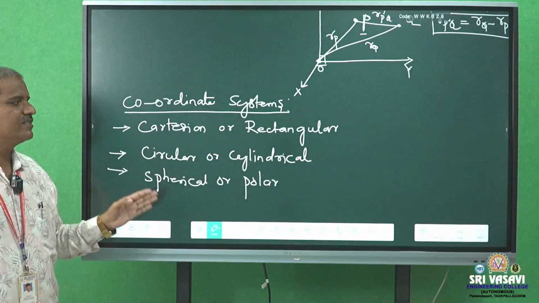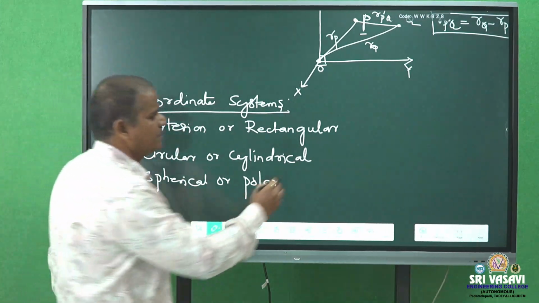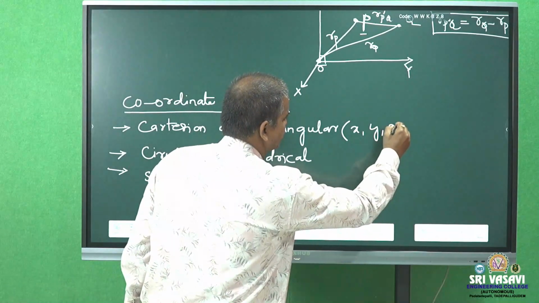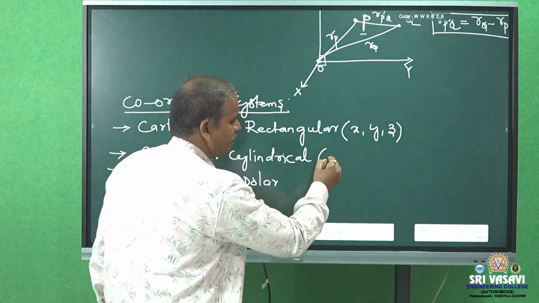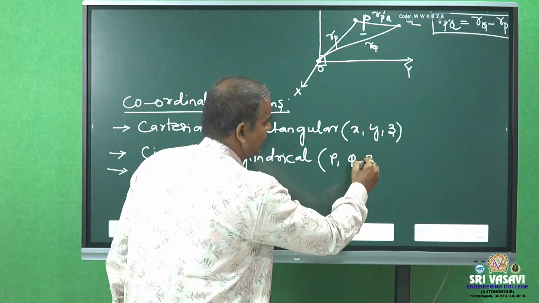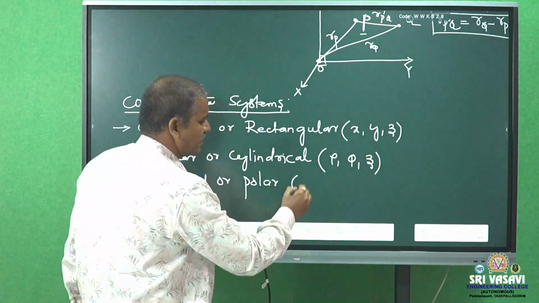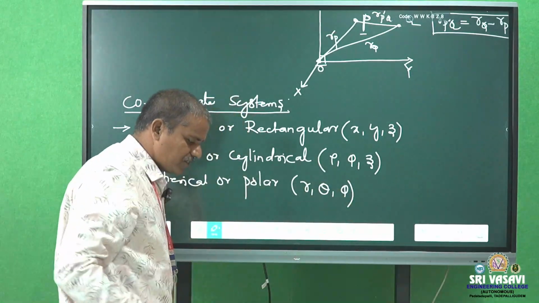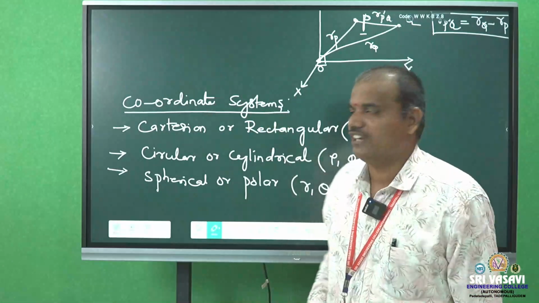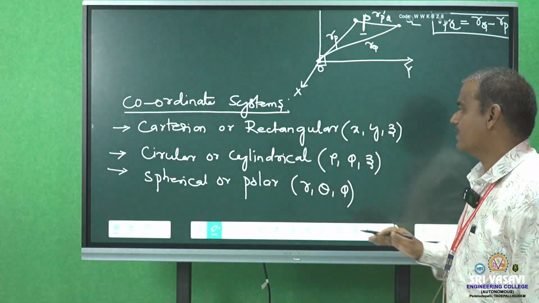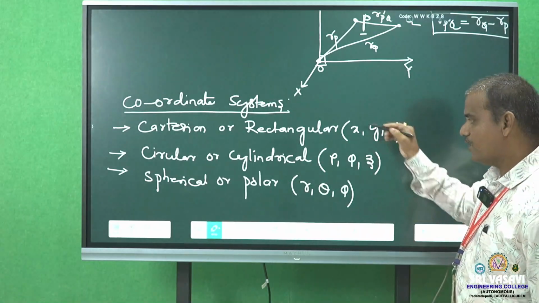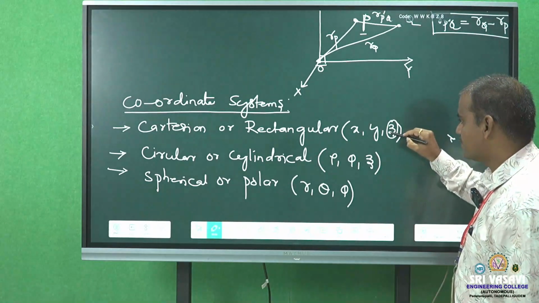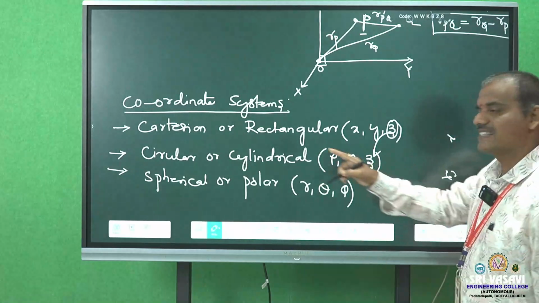Each and every coordinate system is represented by variables. Here the variables are x, y, z. Here rho, phi, z. Here r, theta, phi. So these are all the variable representations of each coordinate system. And one more point we have clearly observed: each coordinate system is interrelated, because z is a variable which is repeated in circular.